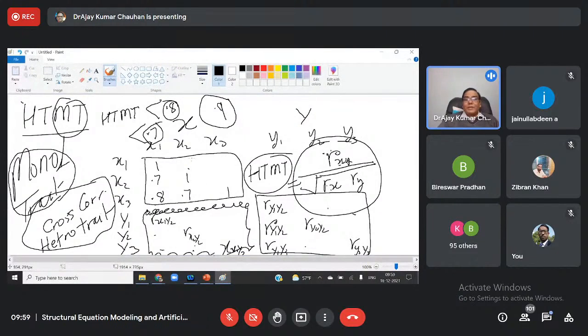You have to correct the bias, otherwise you cannot have the presence of discriminant validity in the results.